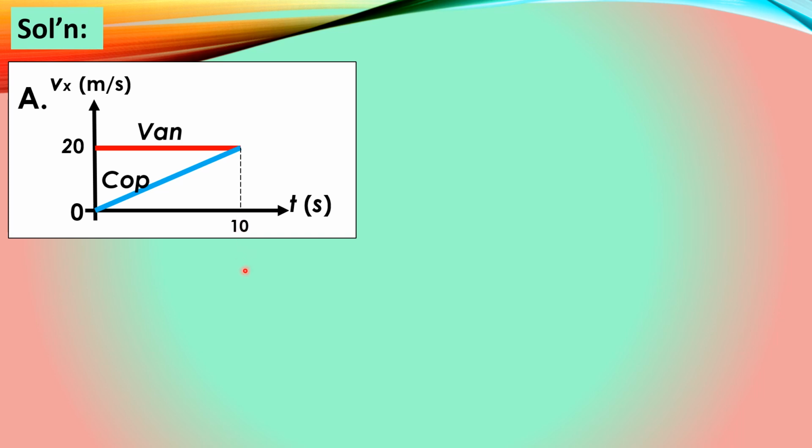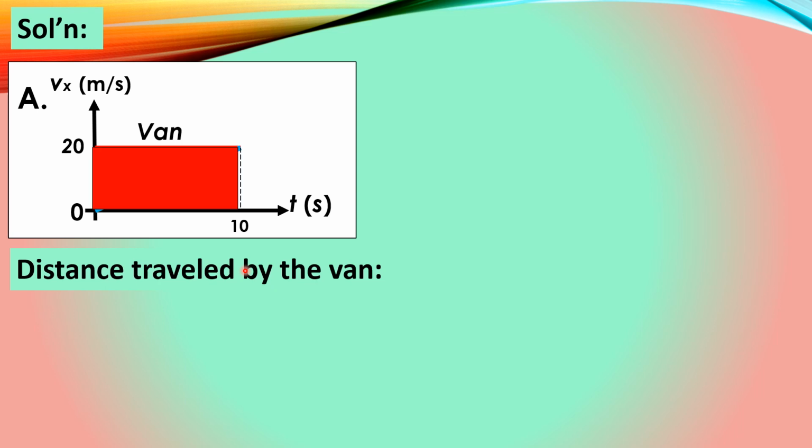So this distance is just equal to the area bounded by the horizontal graph line and the time axis. This area is that of a rectangle, which in geometry is equal to the product of the length and the width.